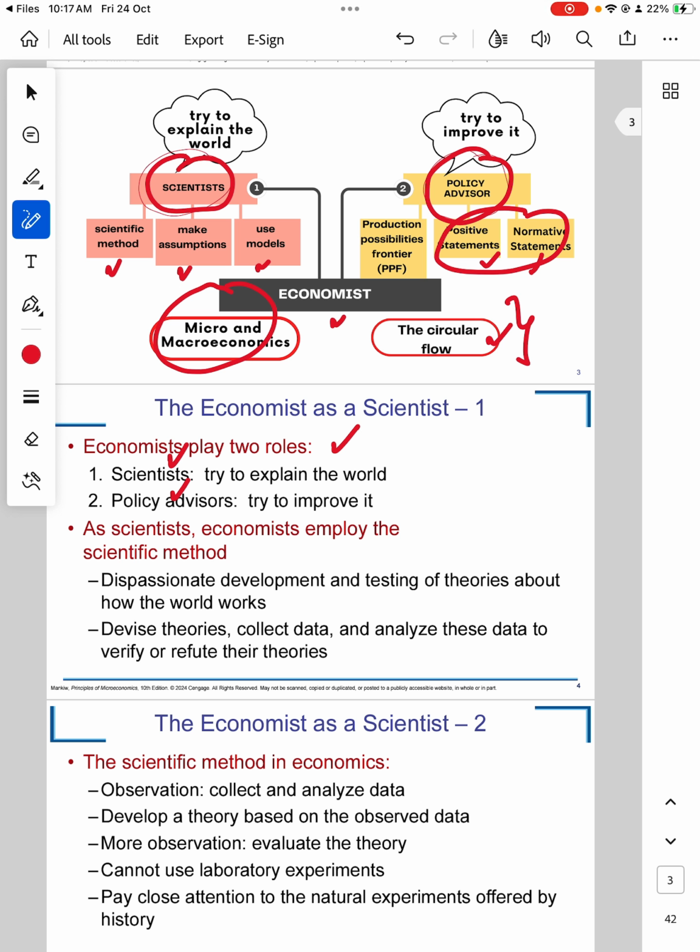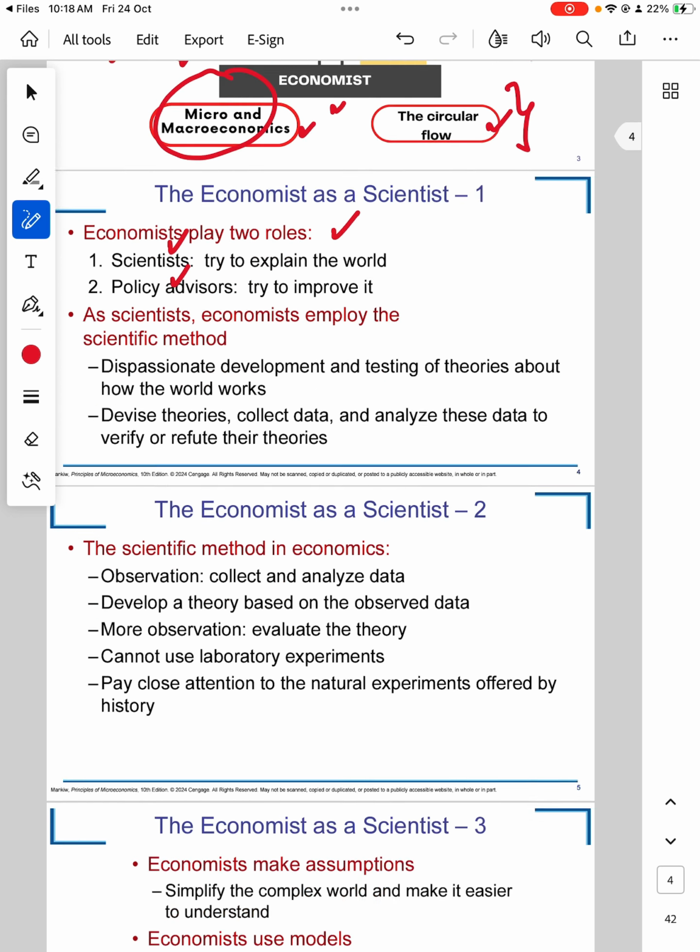Remember the 10 principles that I told you in the last class? That's basically microeconomics. For macroeconomics, we will take a look at the bigger picture. What is meant by inflation? How does inflation affect world policy? That is the bigger perspective of the economy, which we know as macroeconomics. So that's the difference.